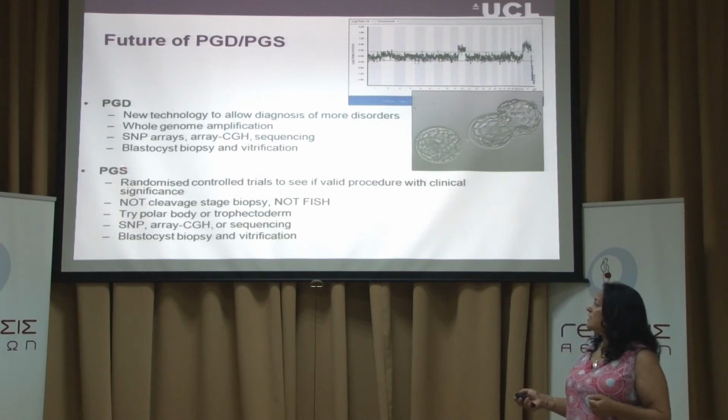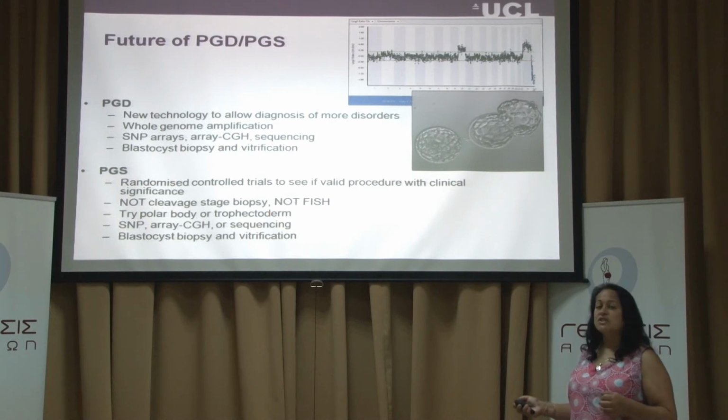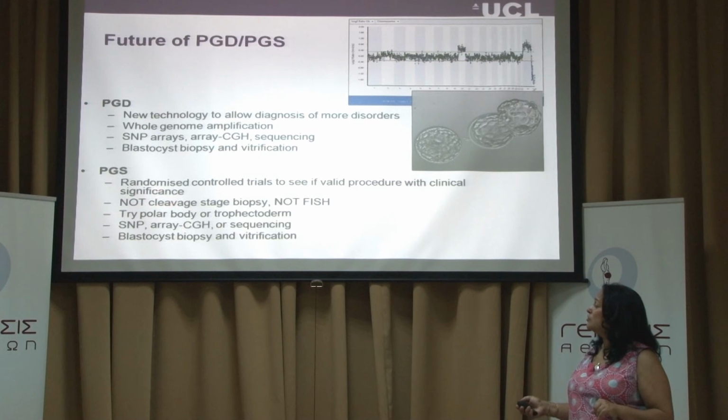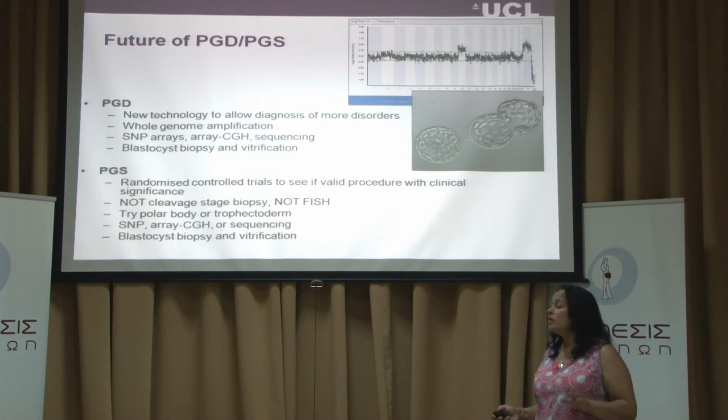So for PGS, as I've said, in my view, we need randomized controlled trials to see if it's a valid procedure with clinical significance. The data at the moment: there were 10 randomized controlled trials on cleavage stage biopsy using FISH, and the view is that FISH is not a reliable enough technique to do this, but we need data on polar body biopsy and trophectoderm biopsy.